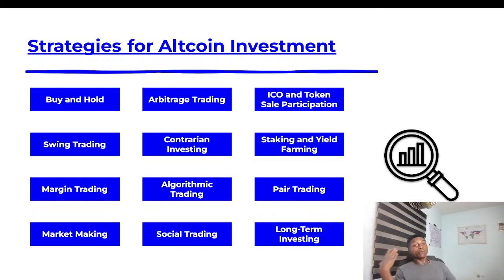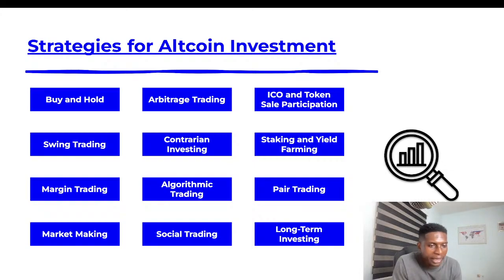You can keep it for 1 year, 2 years, hoping that the token you are buying into will give you potential reward. So you buy and you hold. That's a strategy for altcoin investment.